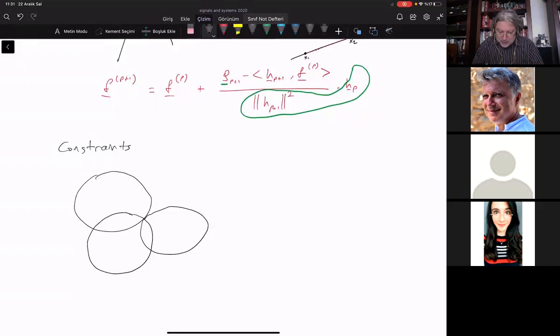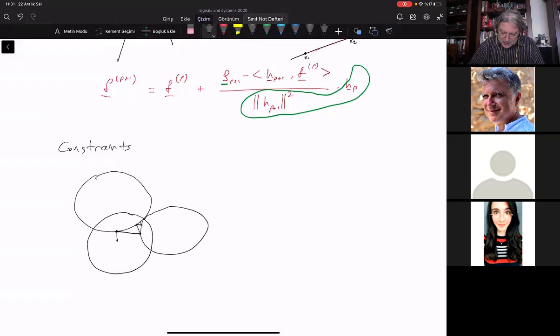So you start from an observation, which is here, and then you make an orthogonal projection to one of the constraints, and you come here. Then you make a projection to one of the constraints, and you come here. Then you go to the other constraint and come here.